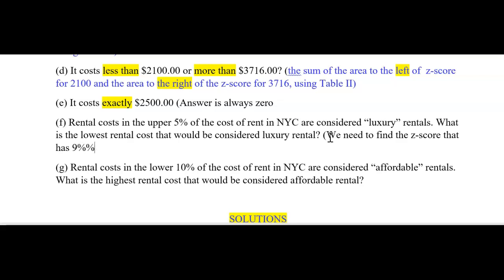Which is written as 0.9500 on its left, and of course 5%, or 0.0500 on its right.